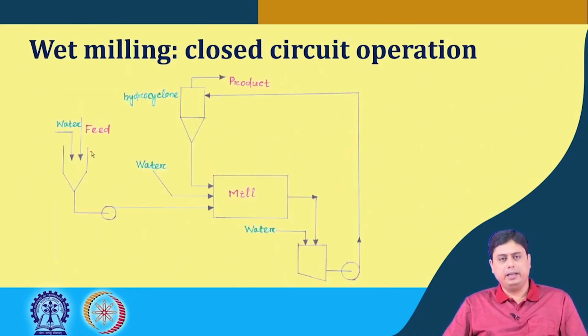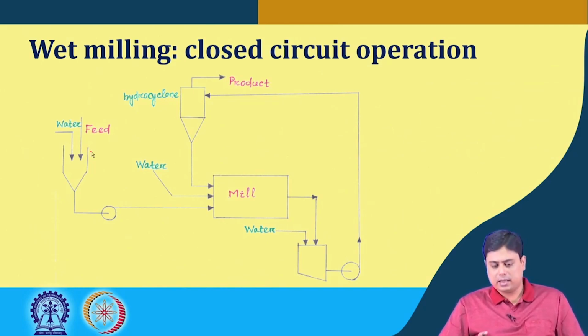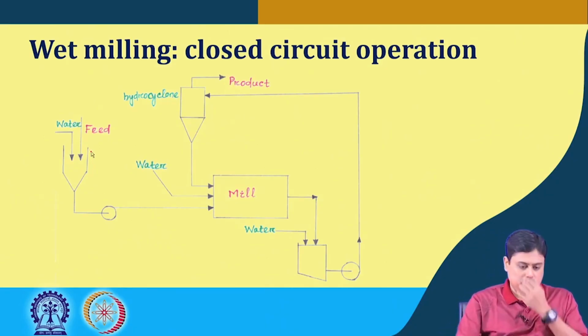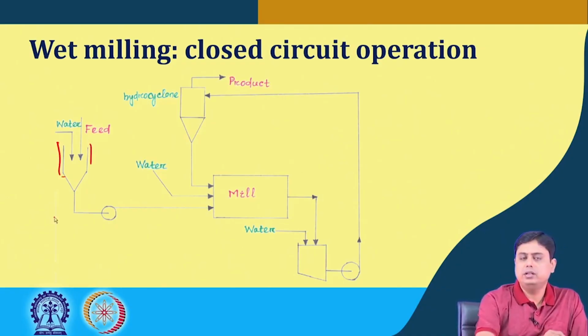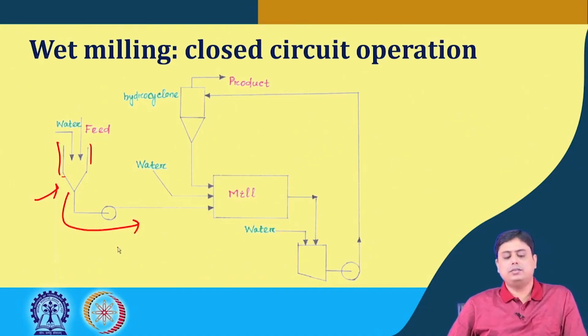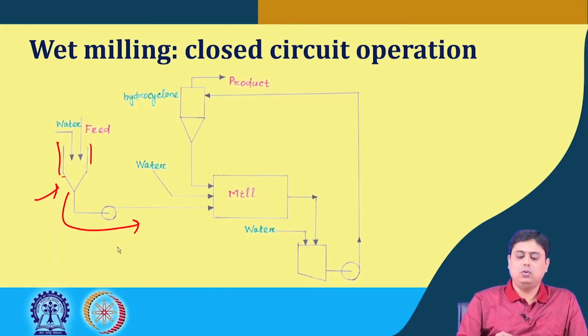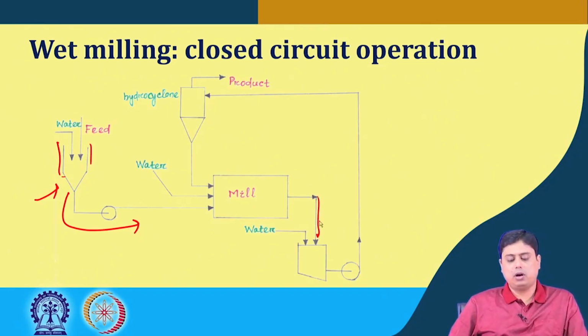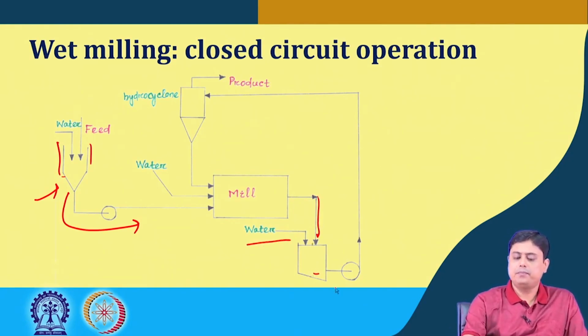In case of wet milling, again closed circuit operation, because as I mentioned, closed circuit operation is more popular because of its efficiency. So, what happens here? Here we have water and feed, this water carries the feed, goes into the mills, and then we have a certain desired product, to which fresh water is further added.